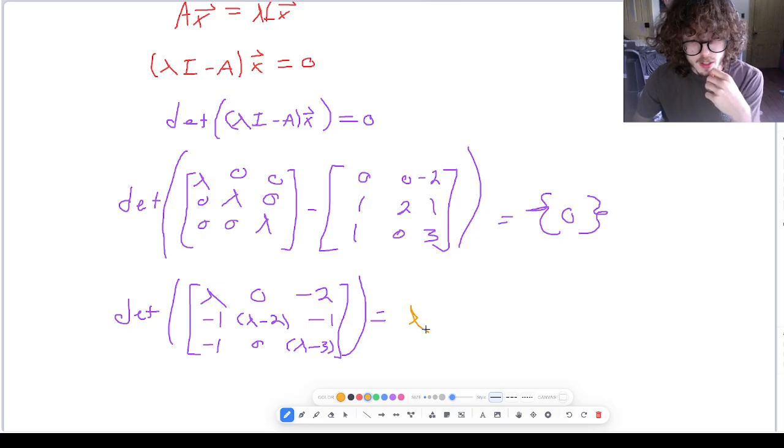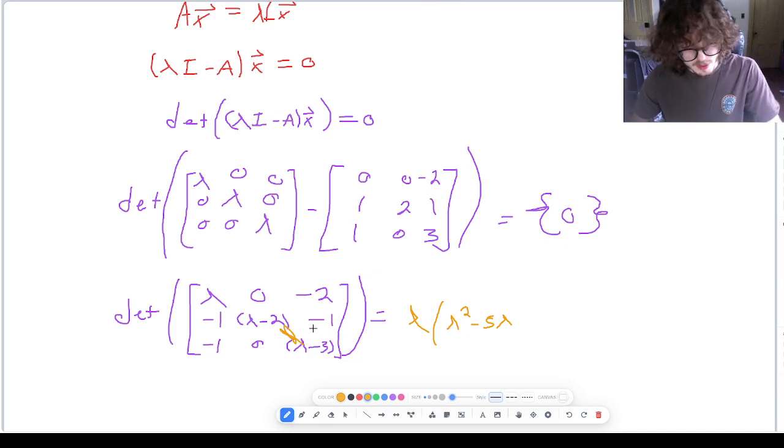I hope you do. This is lambda, and then this is multiplied by lambda squared minus 5 lambda. I'm foiling these guys right now. Plus 6. Okay?